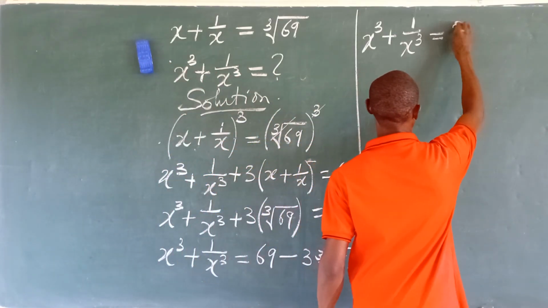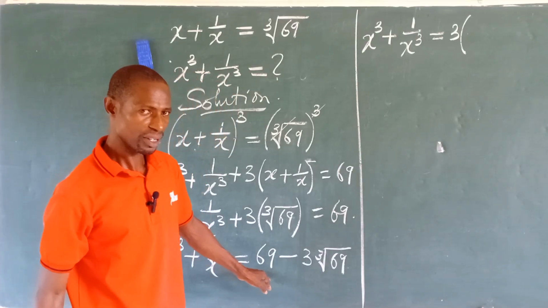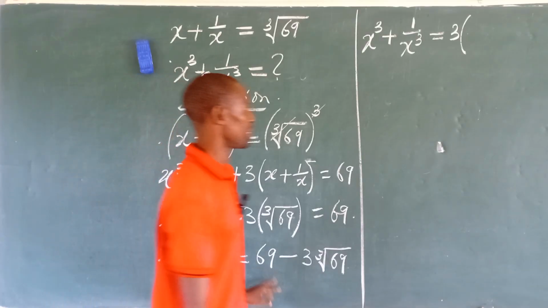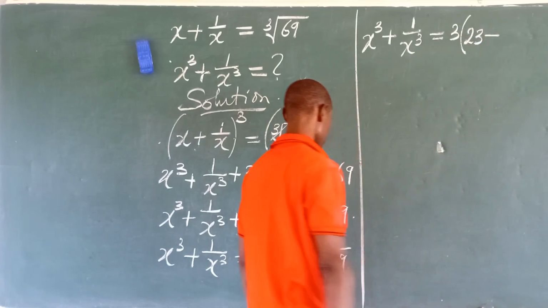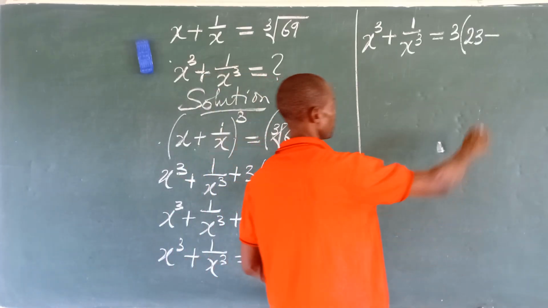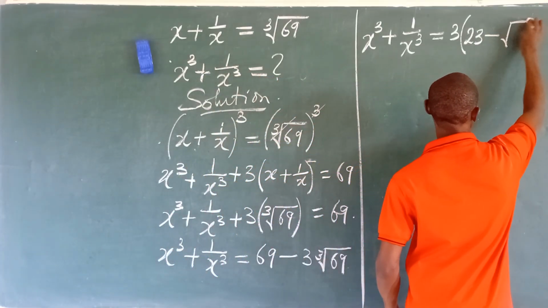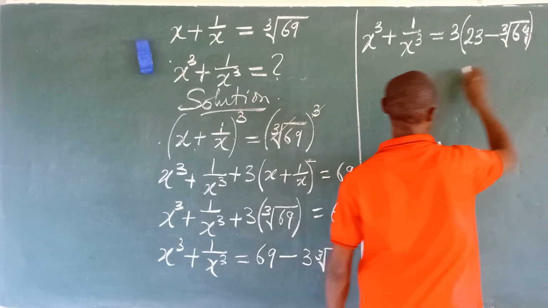We use 3 to divide this, which gives us 23. Then minus, if we use 3 to divide this, the 3 will leave the system, so we are left with the cube root of 69, close bracket.